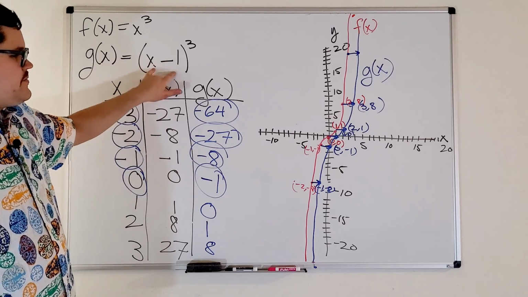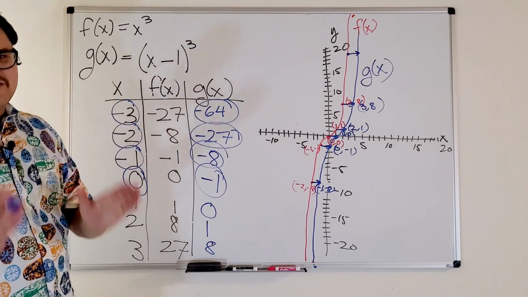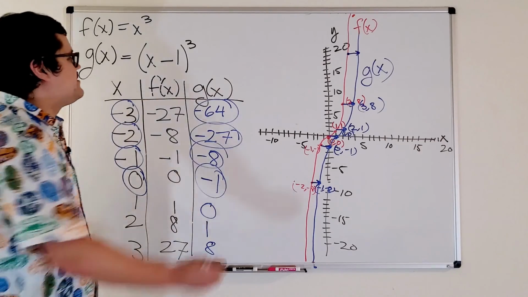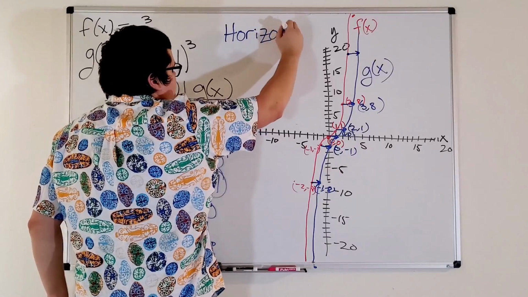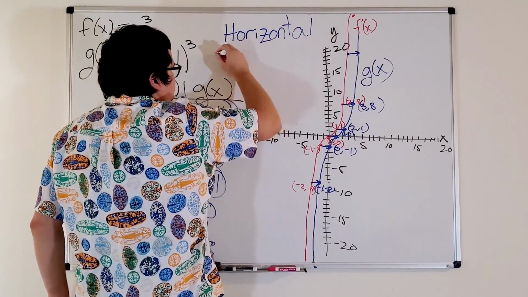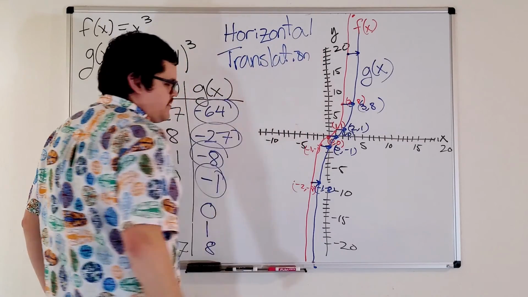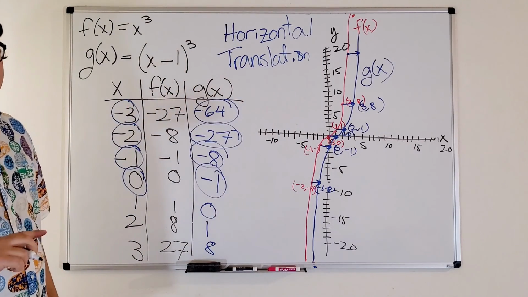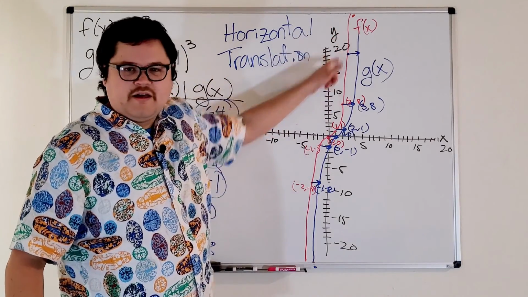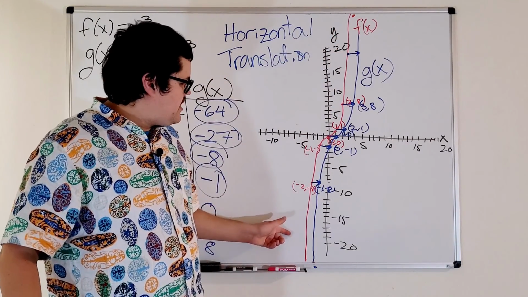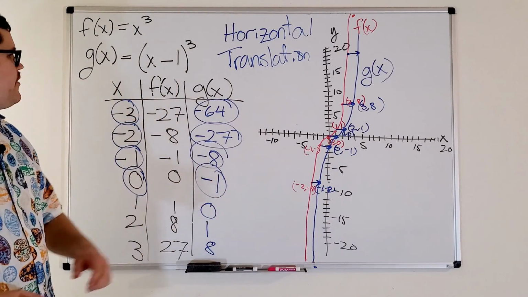Here we're adding and subtracting from x in parentheses. That's a horizontal translation. But are we going right or left? Well, we started with the red curve, the parent function, and ended up with the blue one. So we went right by 1.